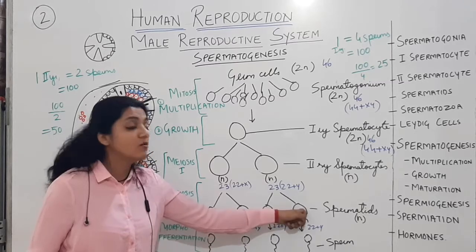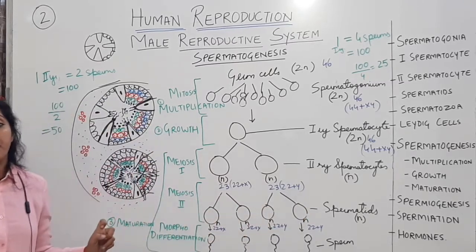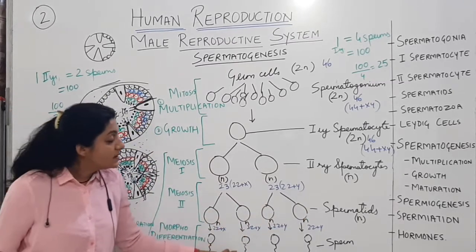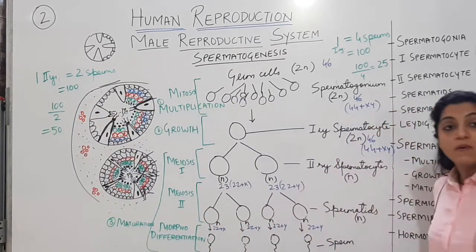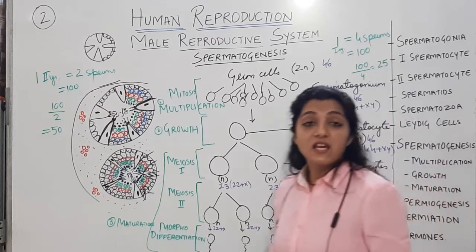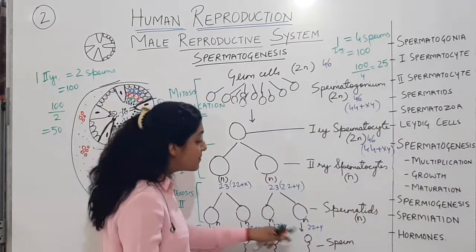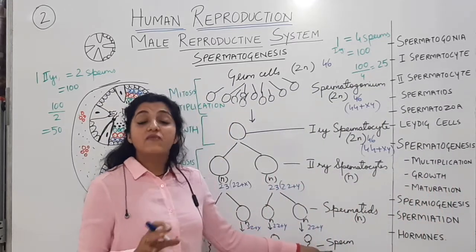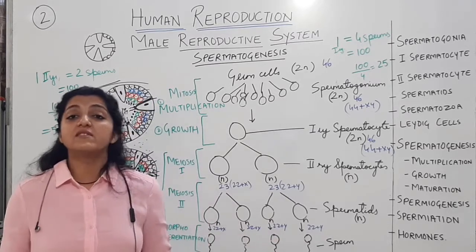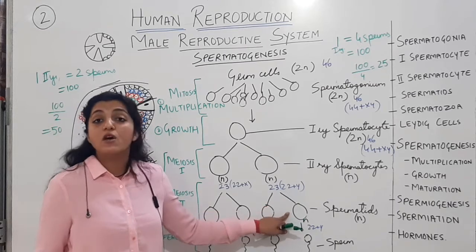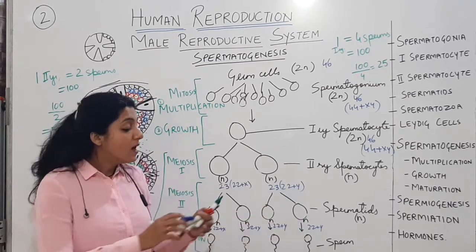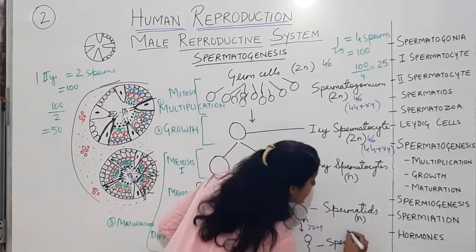From this you will get 22 plus Y, 22 plus Y. And then they undergo morphodifferentiation to form sperm or the spermatozoa. This stage is also called spermiogenesis. The morphodifferentiation, the change in shape and size of the spermatids to form the spermatozoa, is also called spermiogenesis.